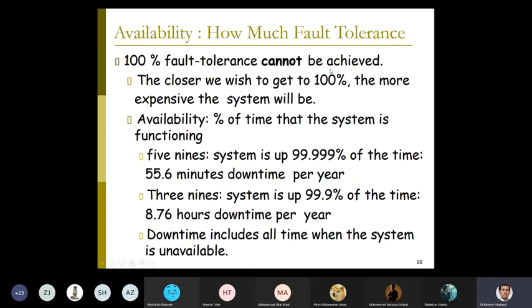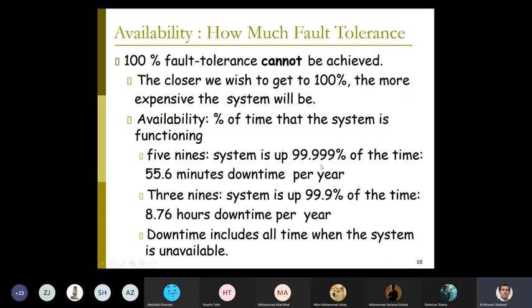100% fault tolerance cannot be achieved, but we can get closer to 100%. The trade-off for that is expensive hardware. Availability is the percentage of time that the system is functioning. So there could be different criteria for understanding or measuring the unavailability or availability of a system.